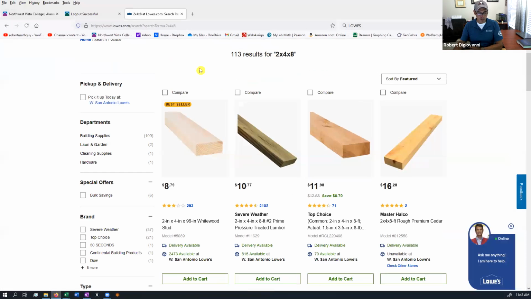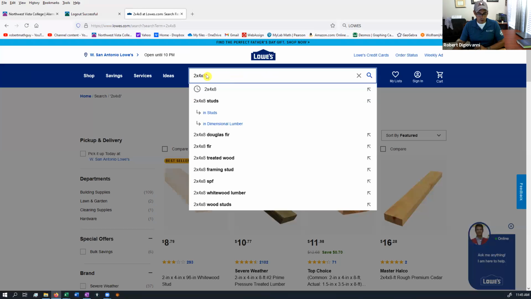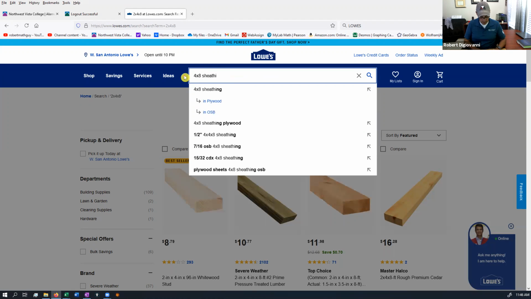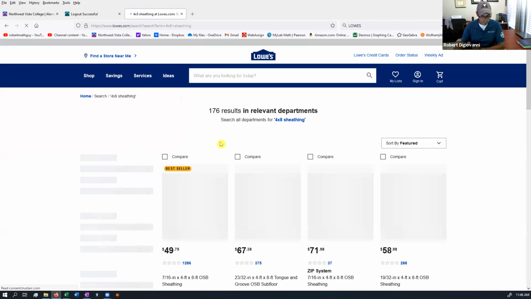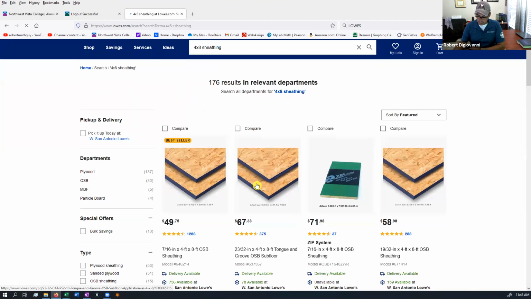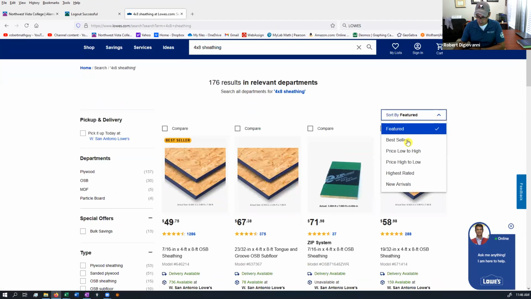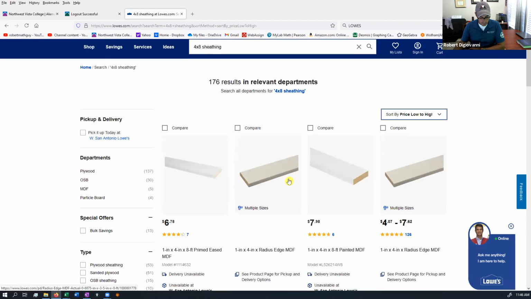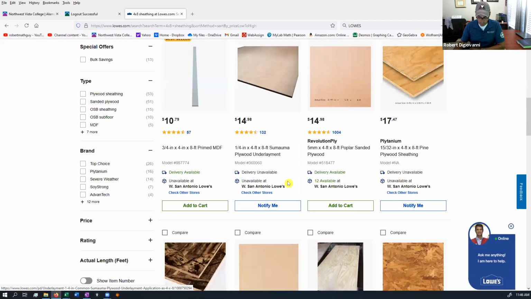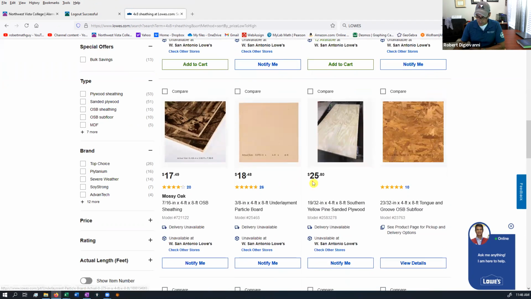I'm gonna look that up real quick. 4x8 sheathing. Let's see what happens here. See if we can find the cheapest one. It's OSB.